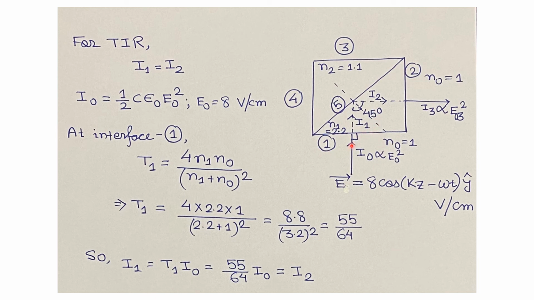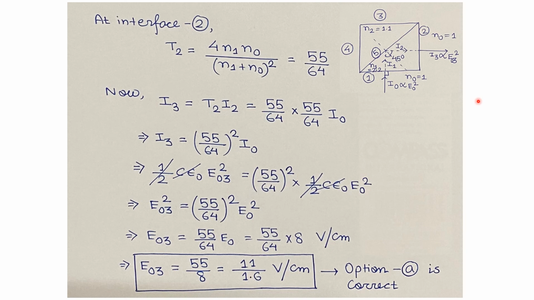So the transmitted light from region 1 to this region of the slab is given by I1 equals T1 multiplied with I0, that is 55 by 64 into I0, which is your I2, because our I1 equals I2 in this region because of total internal reflection. Now we will calculate the transmittance value for this interface, interface 2, and it is given by T2 equals 4 N1 N0 by (N1 plus N0) whole square, which is the same as T1, that is 55 by 64.